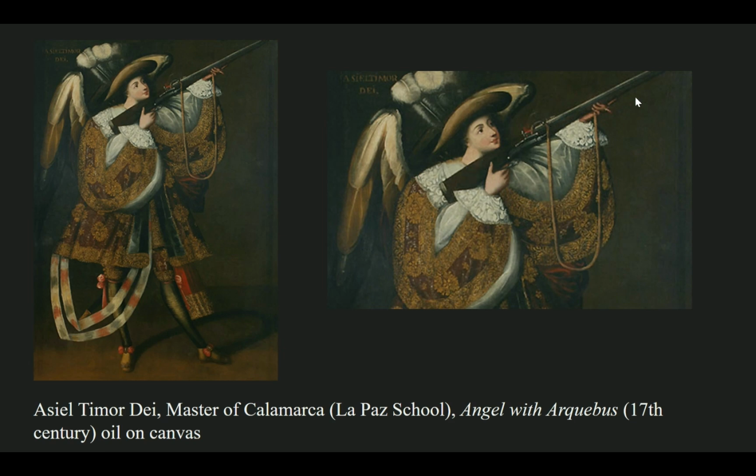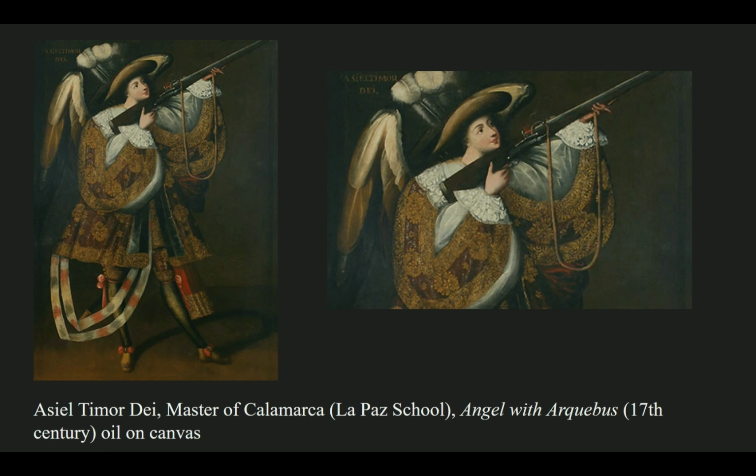And the portrayal of a gun, of an angel holding a gun, would have been extremely frowned upon by the Spanish in Spain. That's the arquebus, the type of gun here, to show an angel with this contemporary gun. This gun was first created in the 15th century.